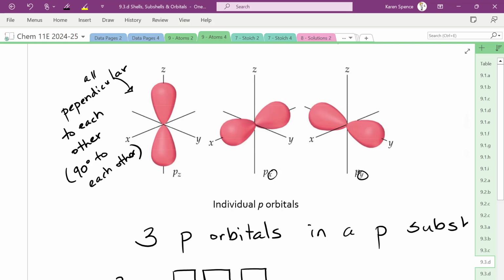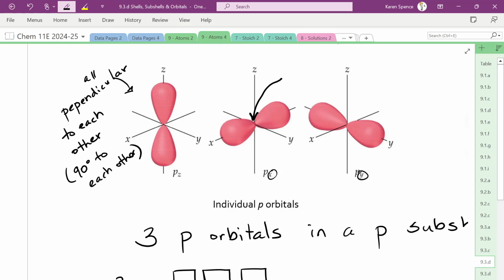And one thing you're going to notice about these, what do you see at the center there? At the nucleus, what happens? They go... That's called a node. A node is where there are no electrons.